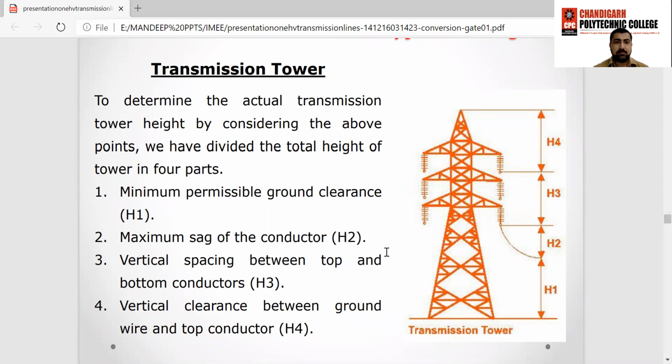The second is the maximum sag of the conductor, H2, the sag of the lowest conductor. The next one is the vertical spacing between top and bottom conductors. And the last one is the vertical clearance between the ground wire and the top conductor.